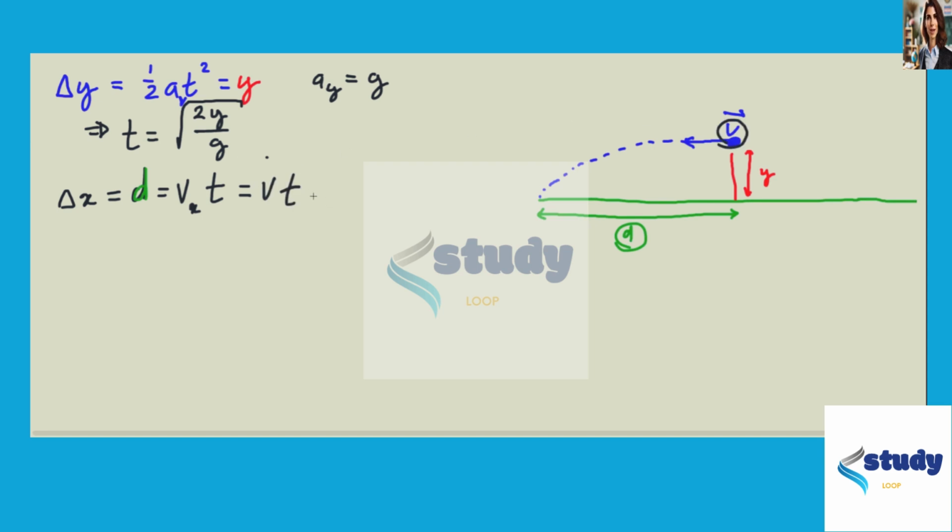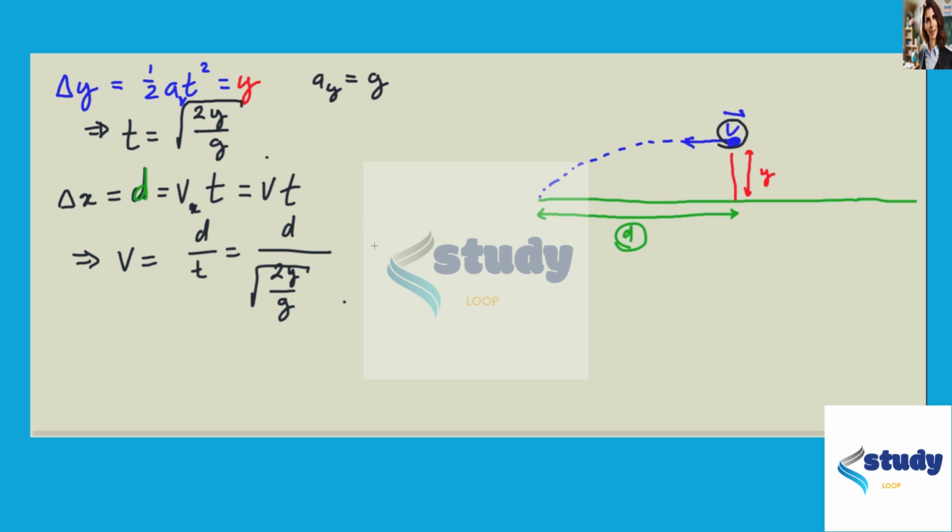But I already know what t is equal to. Right? I solved it before, so I can basically say that the velocity then has to be equal to d over t, which then, when I substitute the first part, gives d over the square root of 2y over g, and that gives you that final answer.